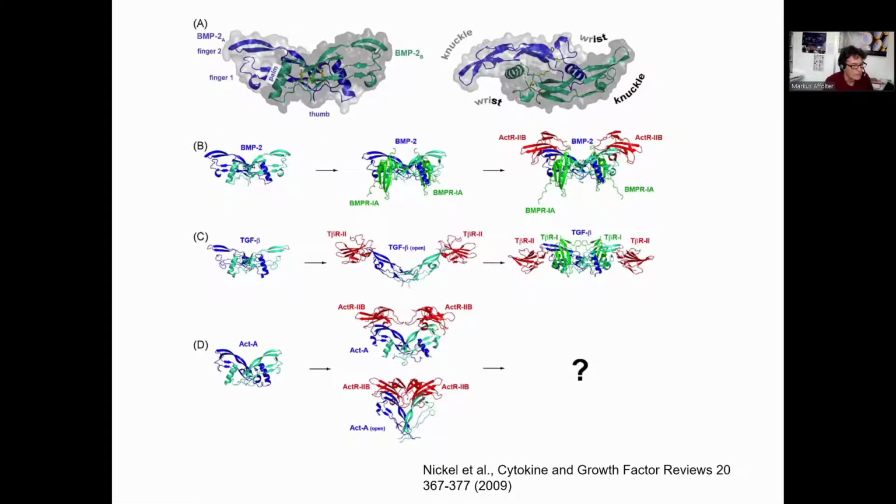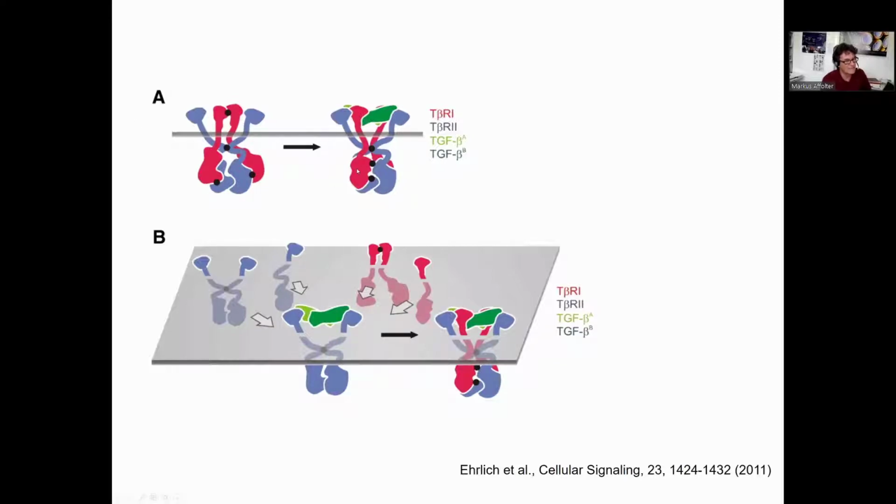This we can maybe loop, but this is what we still do not know. Structures are nice. We know what DPP looks like. We know what the receptor complexes look like. But how does that play out on the surface of a cell?